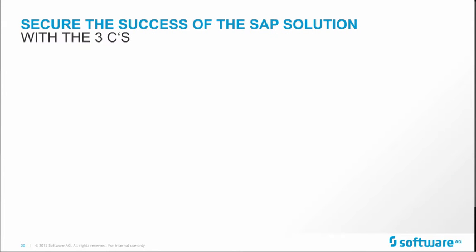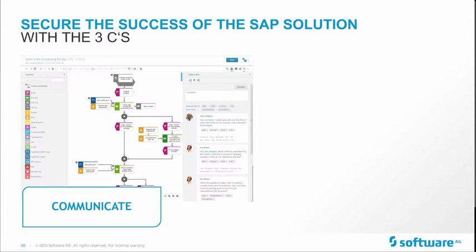So here I really need to mention one product, because it's a central product that we use in SAP projects, but also in many other business process projects: ARIS Connect, which really supports the communication of the processes. As I showed before, communicate a business process, show the process flow in different ways.